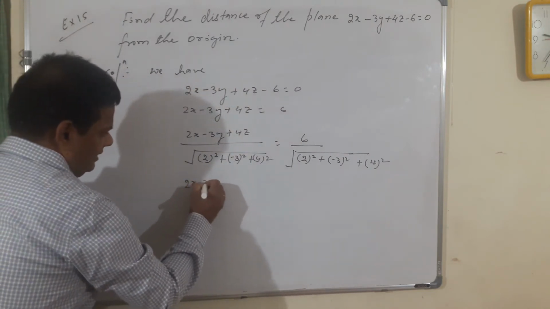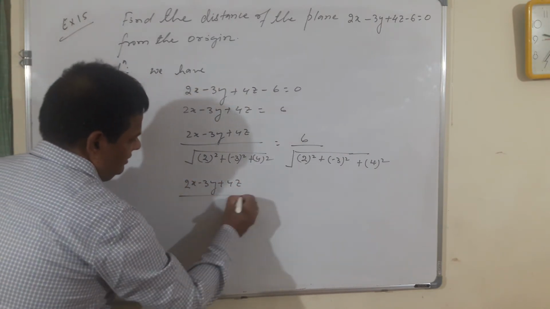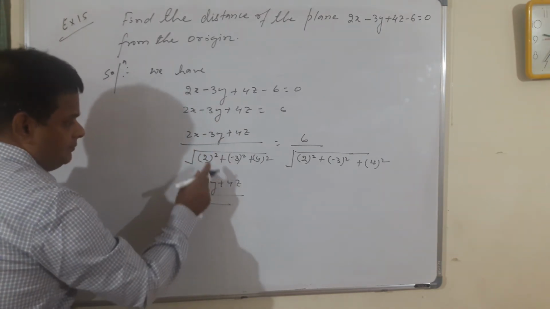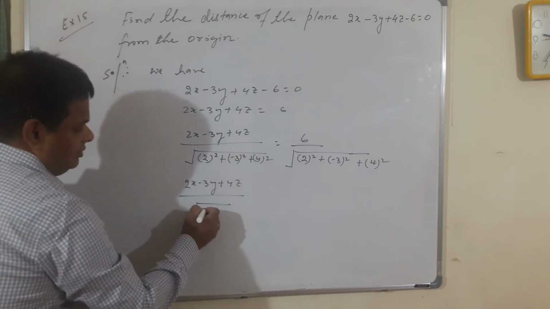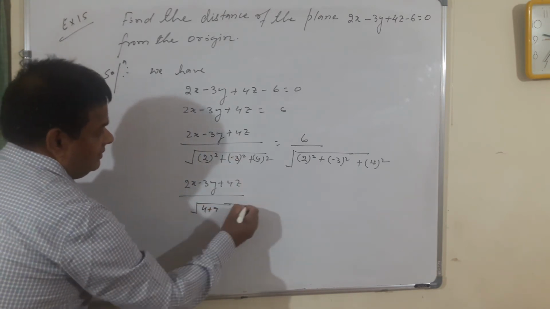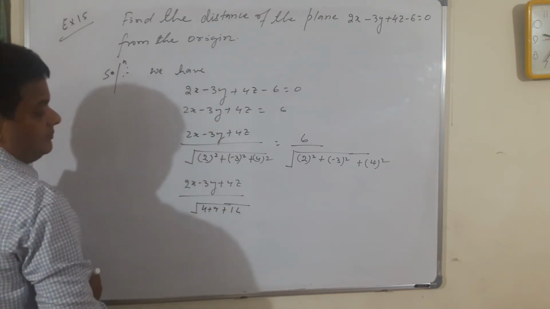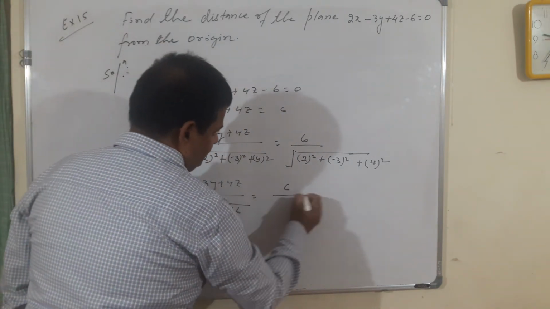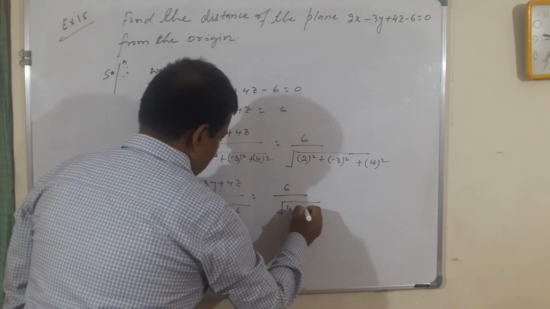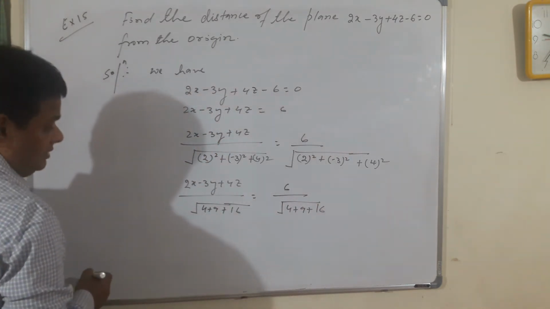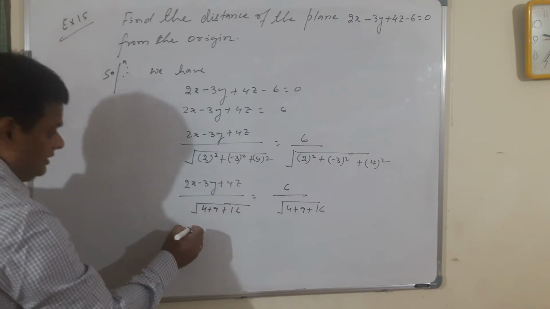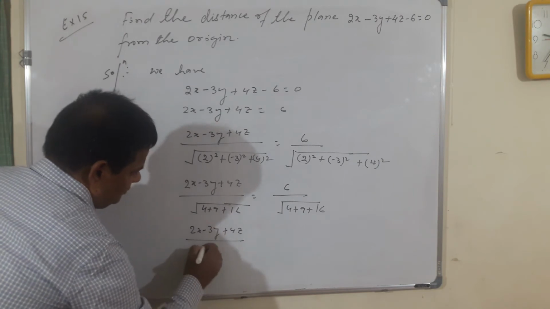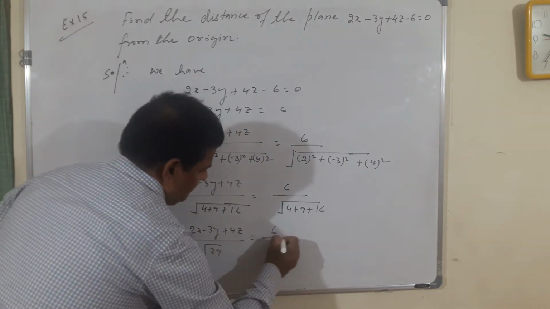So that becomes 4 plus 9 plus 16, which is 29. So 2x minus 3y plus 4z divided by root 29 is equal to 6 by root 29.